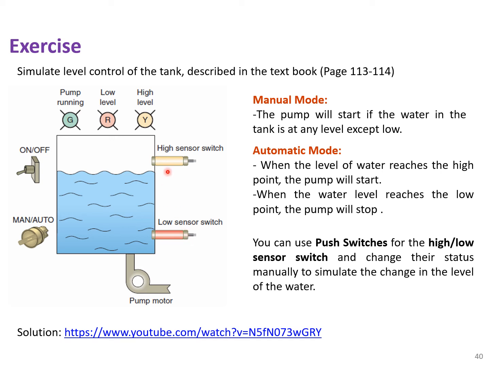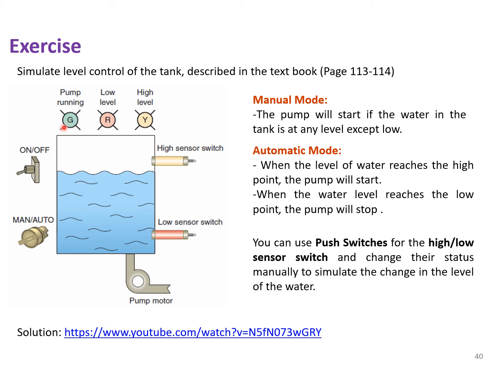The high sensor switch measures the level of water, and when it reaches the sensor it will send a true signal, or one value, to the PLC. Once the level of water reaches the low sensor, then the sensor will be activated and will send a one signal to the PLC.